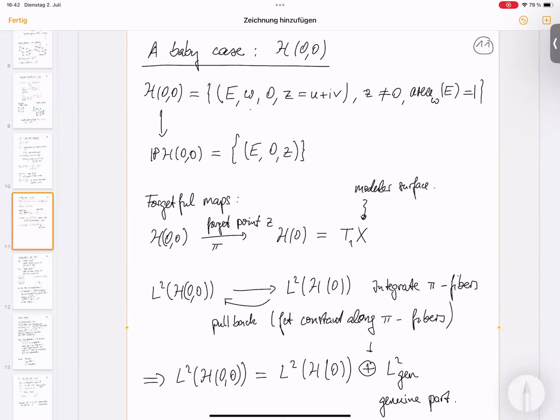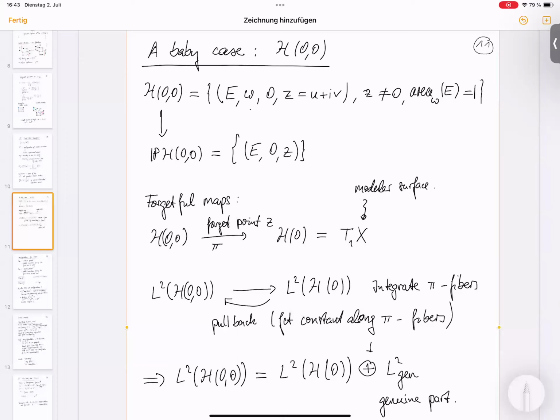They're just two marked points. Because it's an elliptic curve, we can always move one of those points to the origin. That's why I write it as 0. And the other point is a point z, and I will usually use the coordinates u plus iv for that point. This point is not 0.